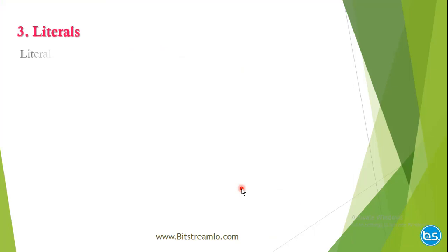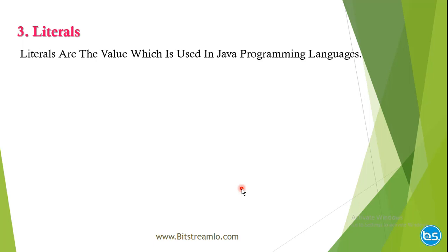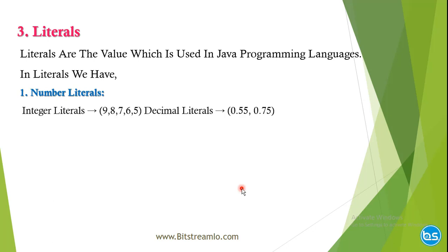The next topic is literals. Literals are the values which are used in programming. That is nothing but a value. In values, we have first number literals. In number literals we have integer literals and decimal literals.